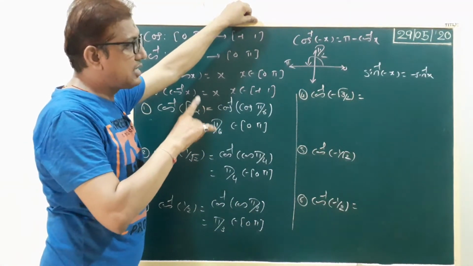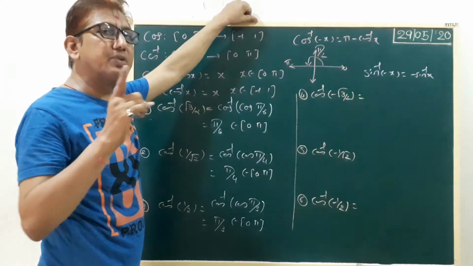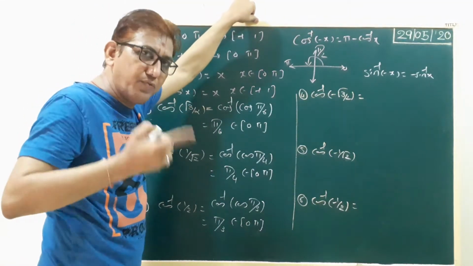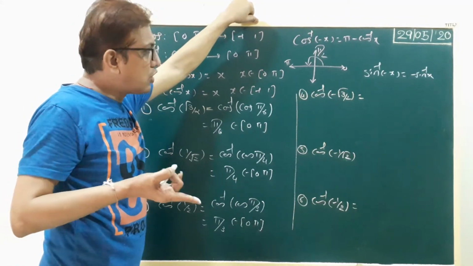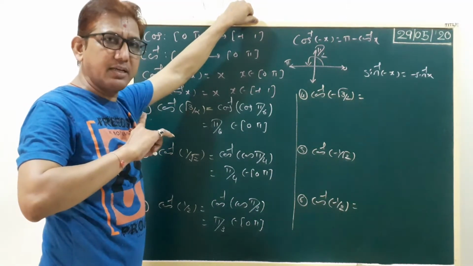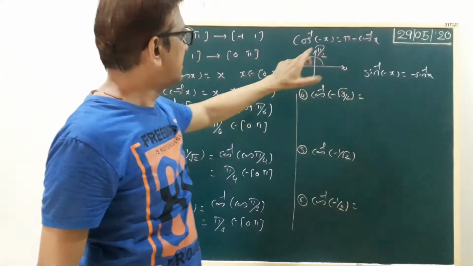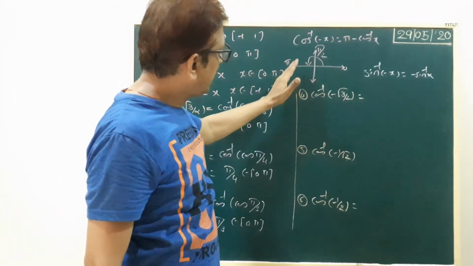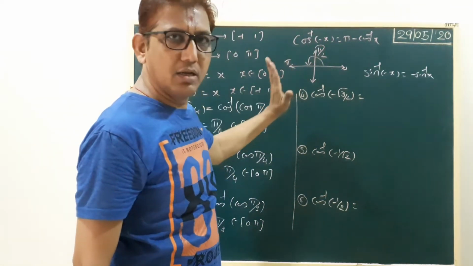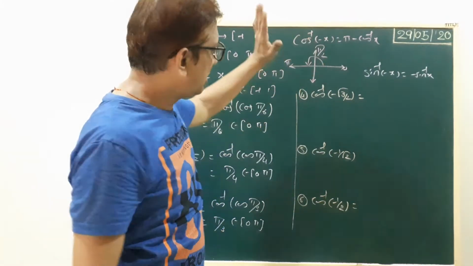But cos is an even function, right? So we do not put the minus sign before the function. We write pi minus cos inverse x, because this is the second quadrant. Clear? Okay.